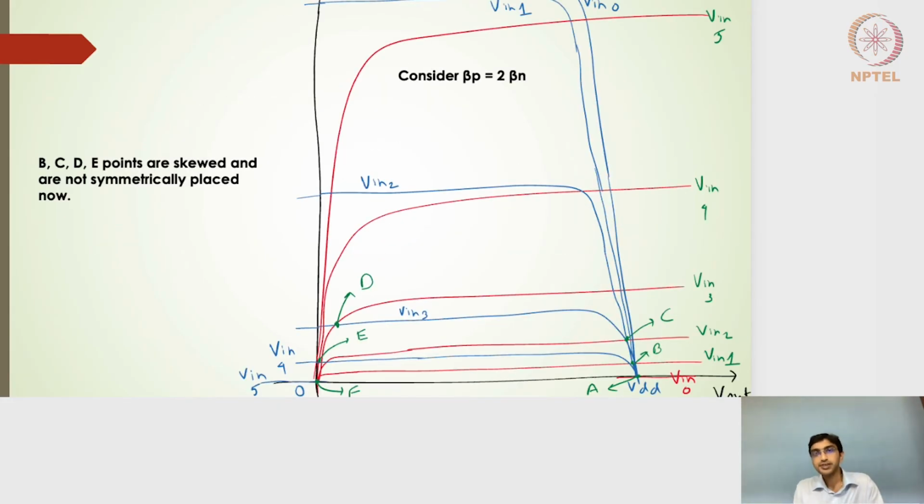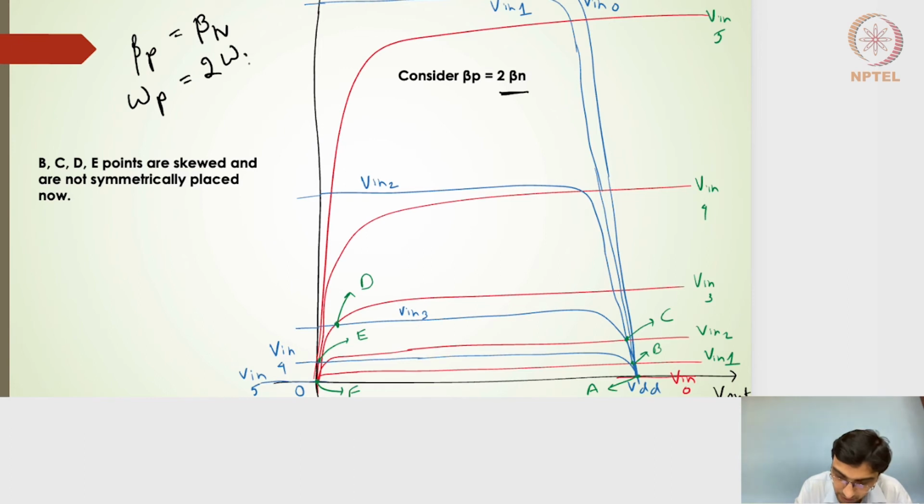Okay, so I've drawn this particular profile when beta p is twice that of beta n. And one way to do this is, if beta p has to be equal to beta n, whatever we had seen in the last lecture, we wanted to make the PMOS width twice that of the NMOS width.